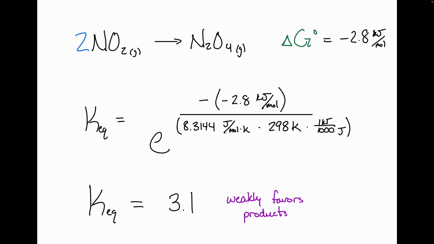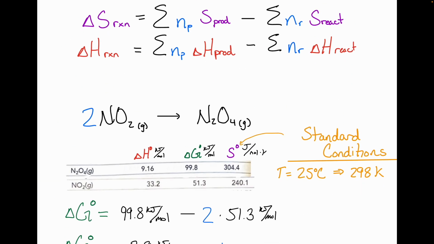All right, last thing that we got to cover here. I lied to you yet again. We talked about how standard conditions were this limited set of conditions where our temperature was specifically 298 Kelvin, room temperature.